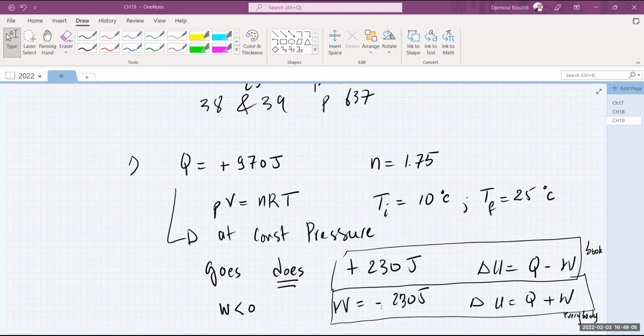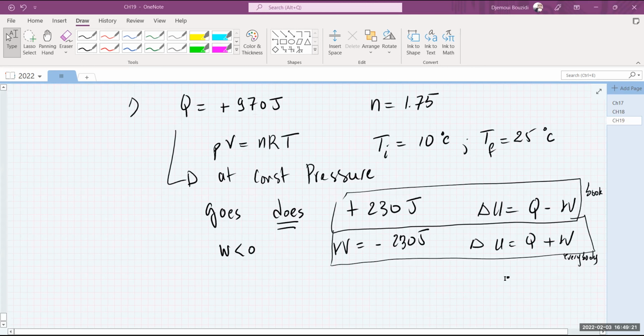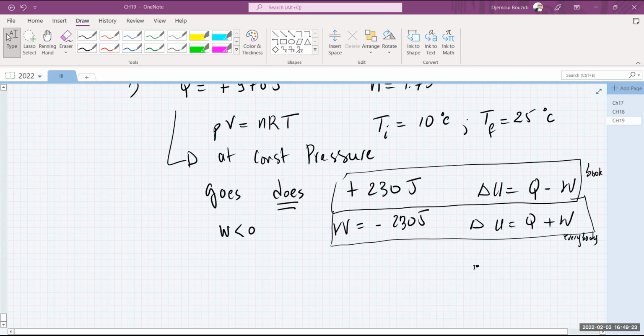But the book is insisting on this convention for delta U, which is Q minus W. Then it's taking it positive, so that at the end of the day, delta U is going to be the same thing. So that's why I brought this example, honestly. It's all about this one.